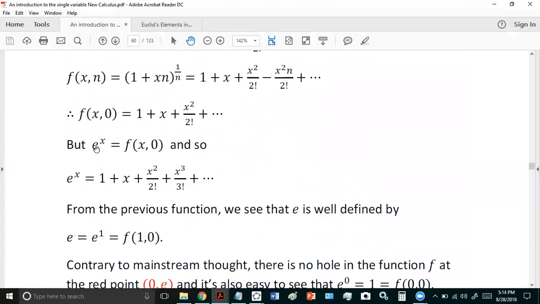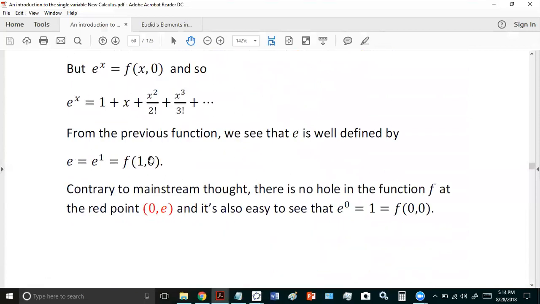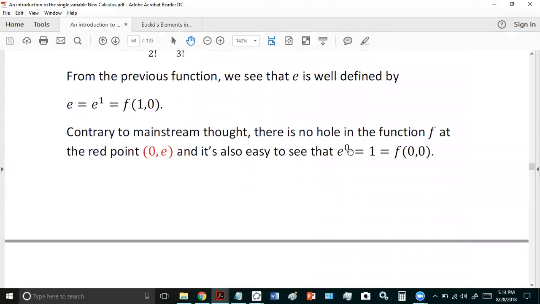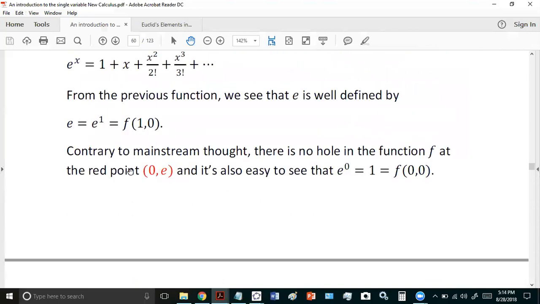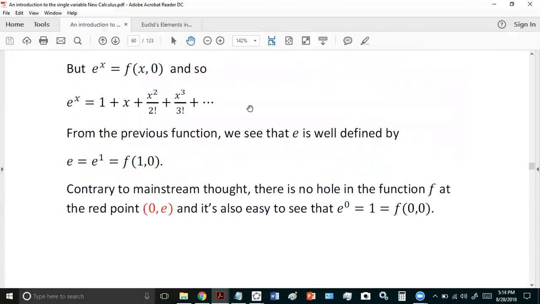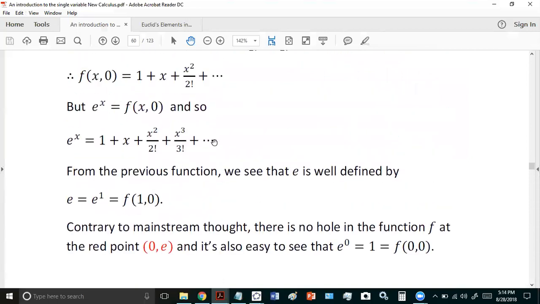And so E to the x is in fact equal to the function of x comma 0, right? And ultimately, E to the 0 is equal to 1. And you can see how to derive that using the series, which you should by this time also know if you've completed a high school course in AP Calculus or A-level mathematics or IBHL mathematics.